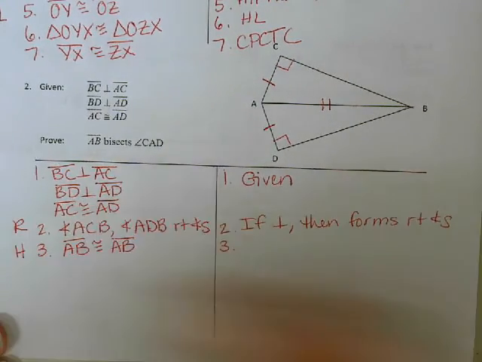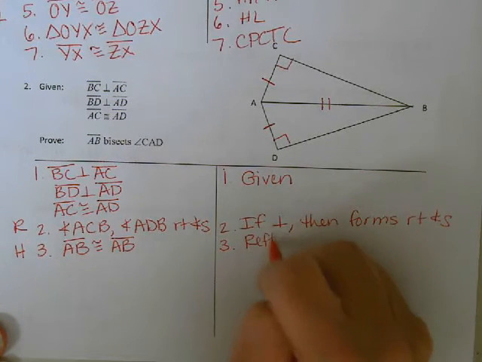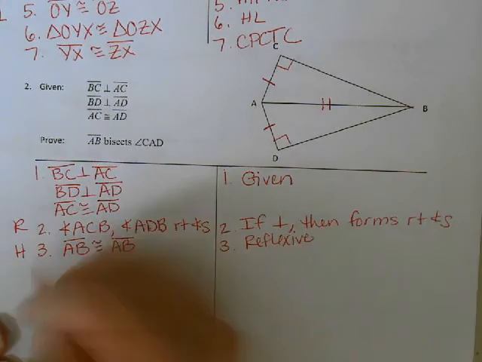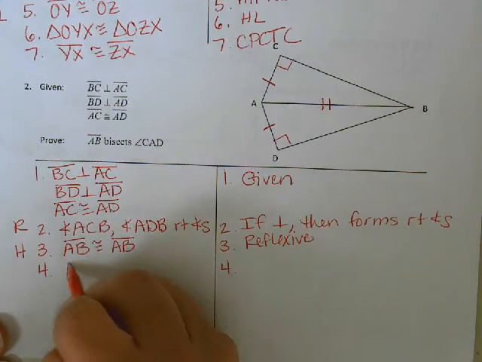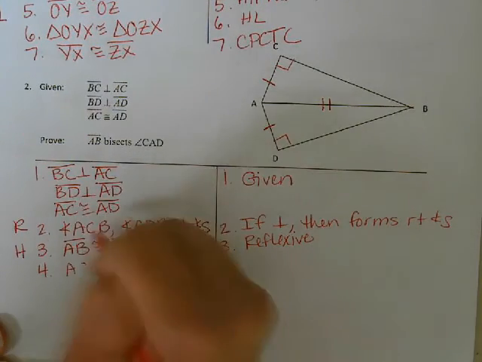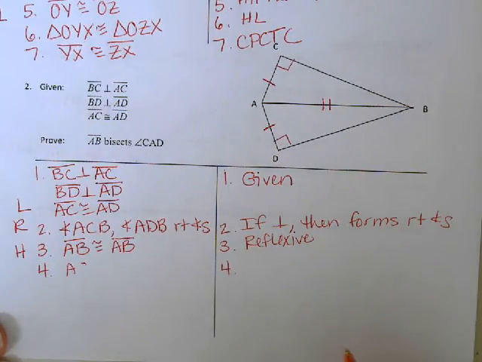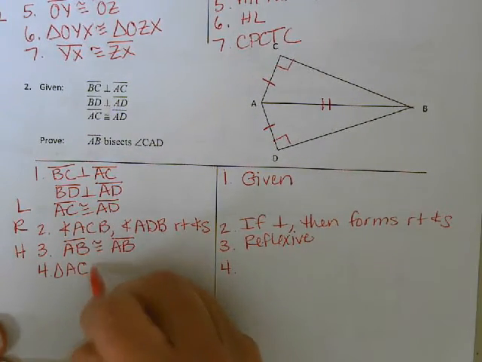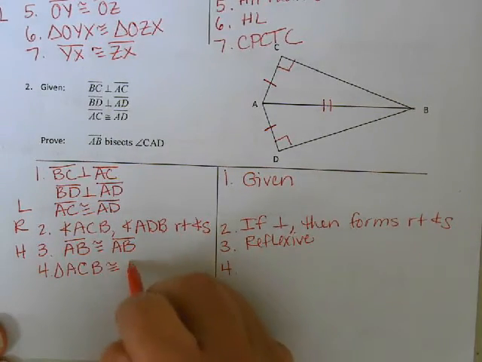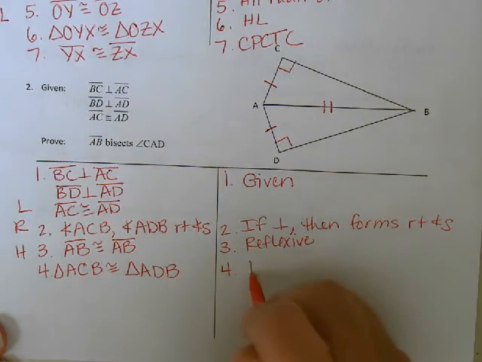So I get my hypotenuse AB congruent to AB by the reflexive property. Then in step 4, we already knew that AC was congruent to AD. That's our leg. So we can go ahead and say that triangle ACB is congruent to triangle ADB by HL.